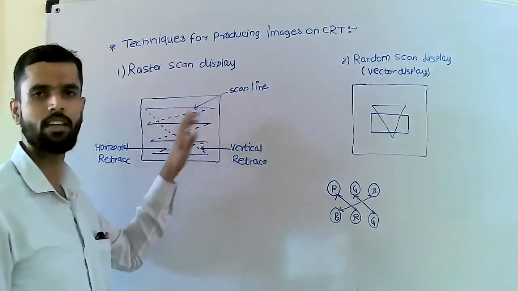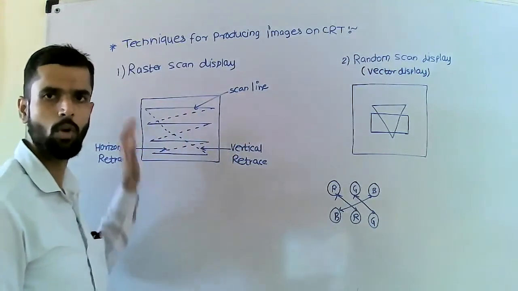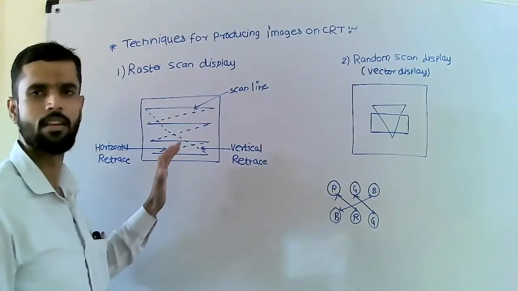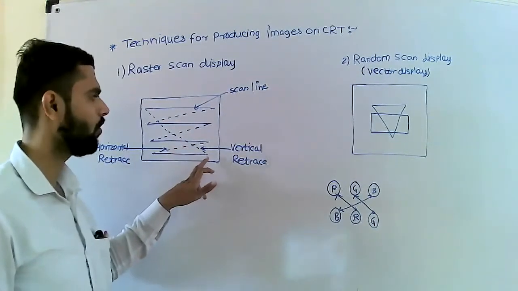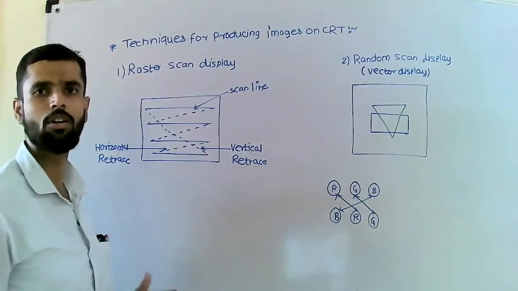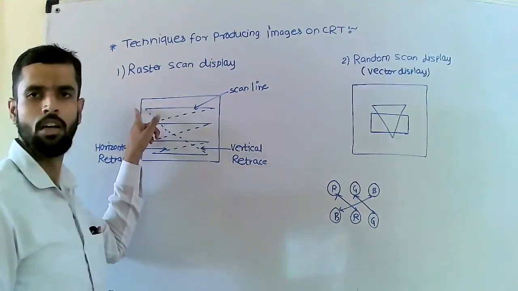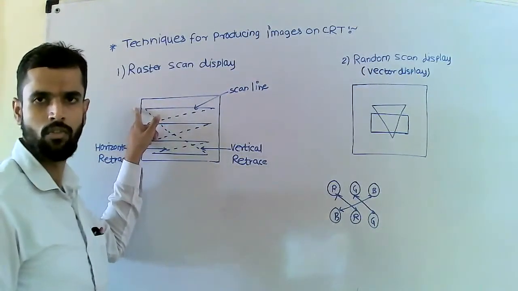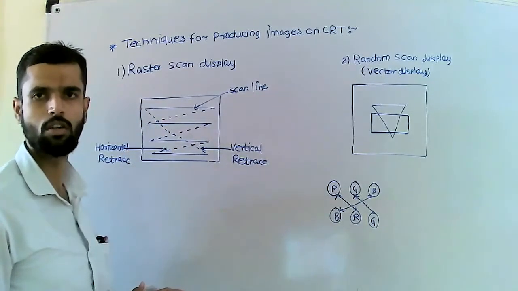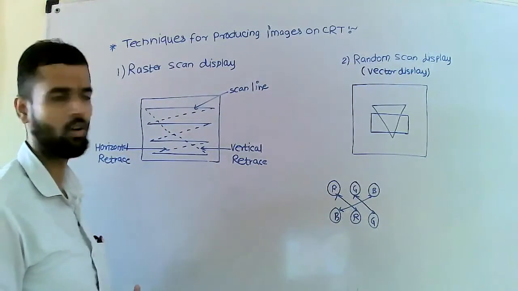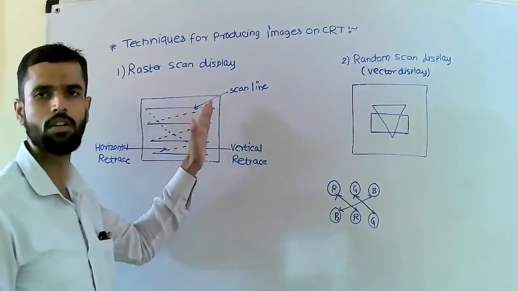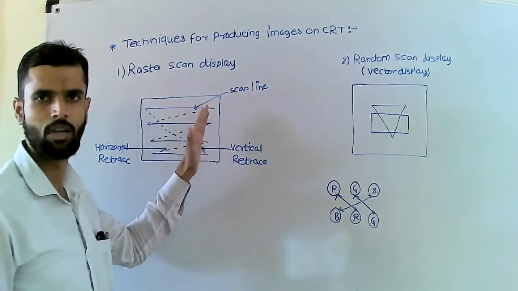Like that, it will scan the whole screen from top to the bottom. But as soon as the scanning of the screen is completed, it will again move towards the start of the first scan line, that means the top leftmost corner of the screen, and again it will start the scanning.